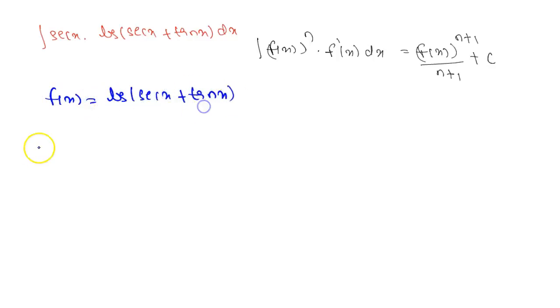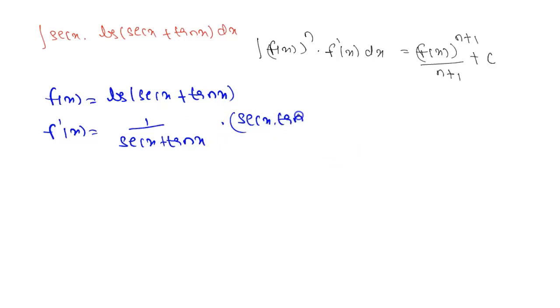So f dash of x: derivation of the log function is 1 by the function. So I am writing it as 1 by secant x plus tan x into the derivation of secant x, which is secant x into tan x, plus derivation of tan x, which is secant square x, into dx.